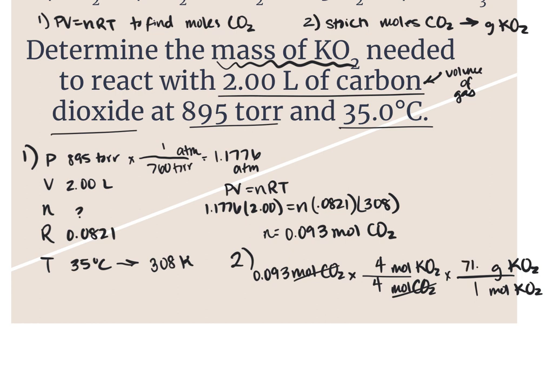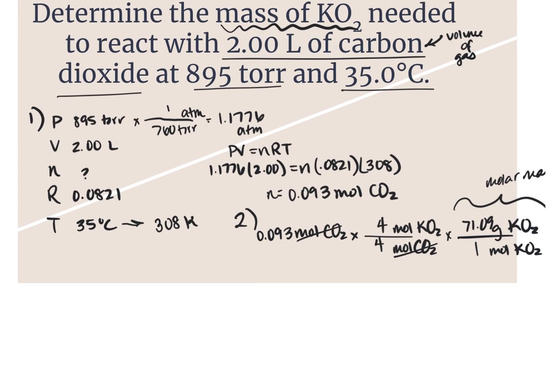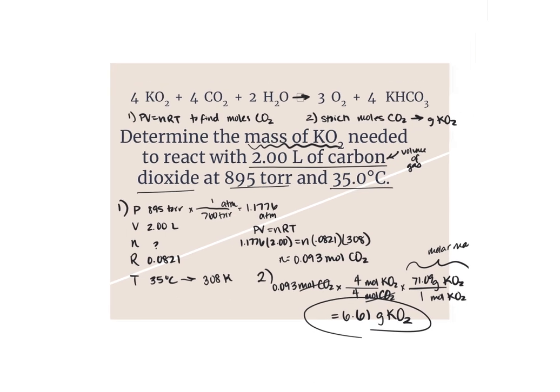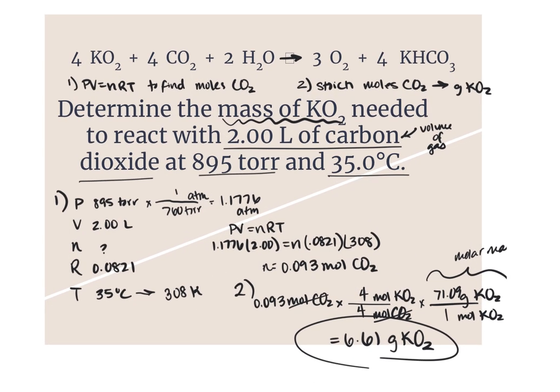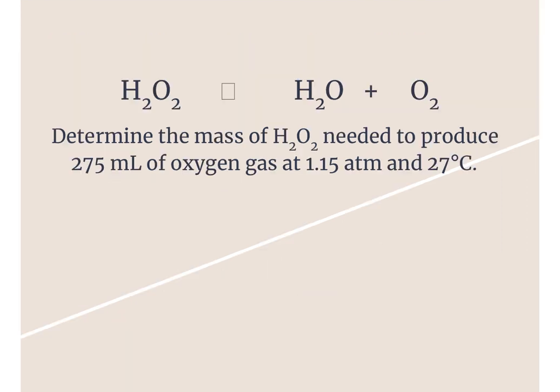In this case, it's 71.09. So this step here is the molar mass. We've done this before plenty of times. This is stoichiometry. So we find that this mass is going to be equal to 6.61 grams of KO2. To recap, I had to start with PV equals nRT so I could find moles of the CO2. Then I do stoichiometry to convert that to grams of KO2.